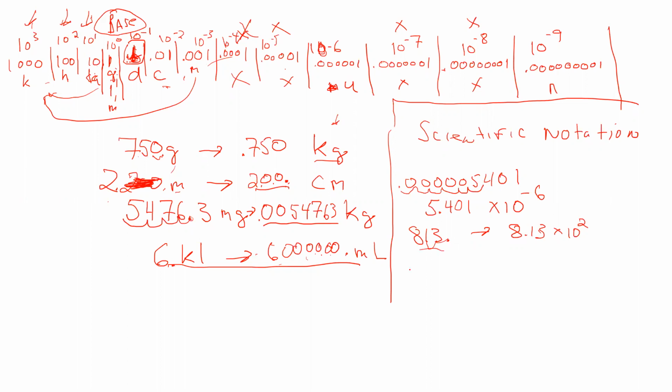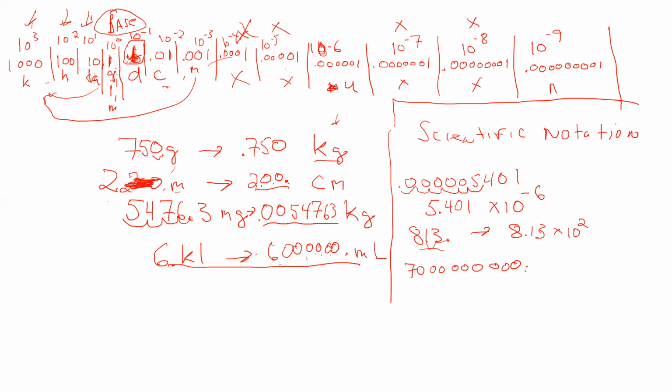One more we can do. We'll do 7, and we'll write 9 zeros, and here's the decimal place. So what you do, you find the first whole number, which is 7 in this case.